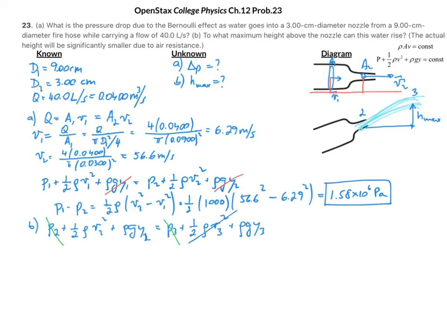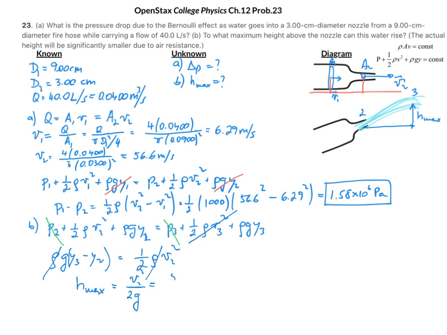I'm left with rho g times y3 minus y2 equal to 1/2 rho V2 squared. I can divide through by rho and get the height difference, or h max, to be V2 squared divided by 2g.